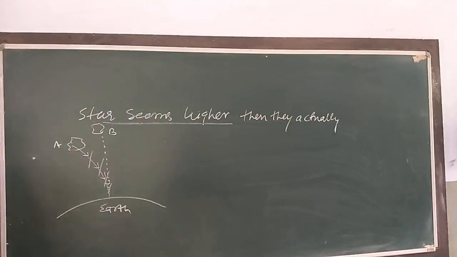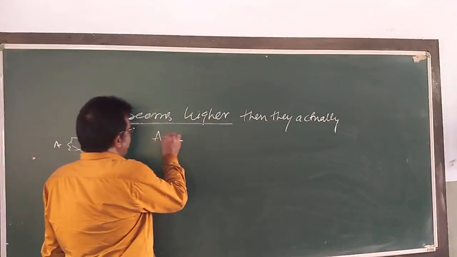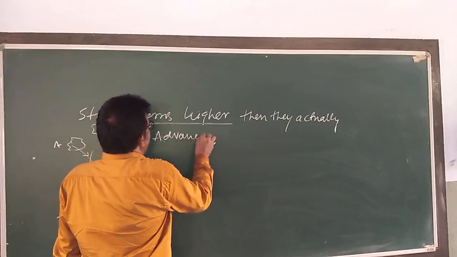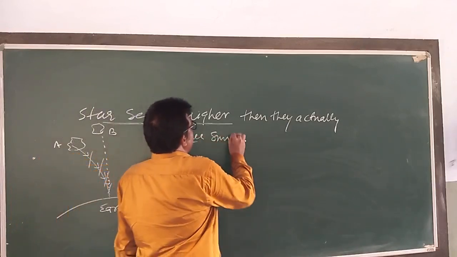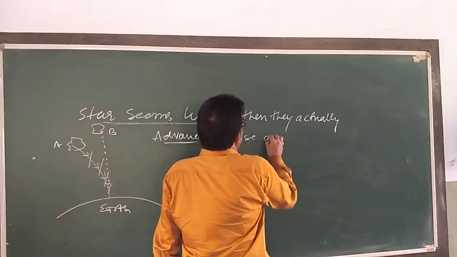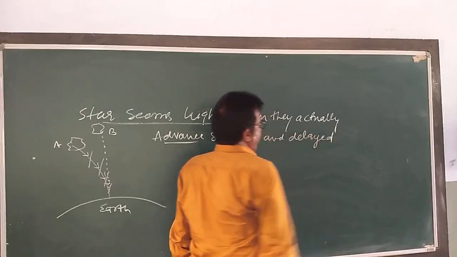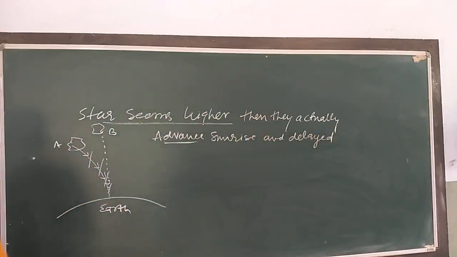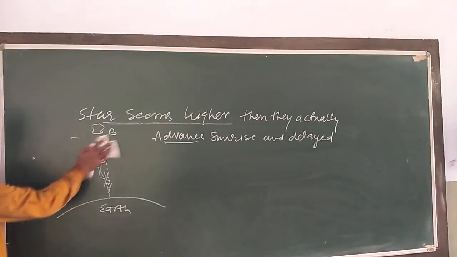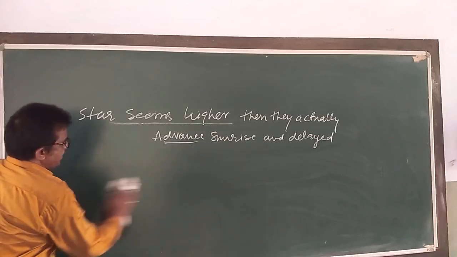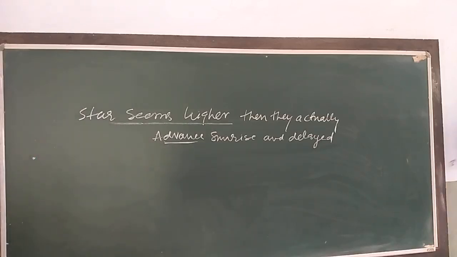Then, advanced sunrise and delayed sunset. The sun appears to rise above the horizon two minutes before it actually does.